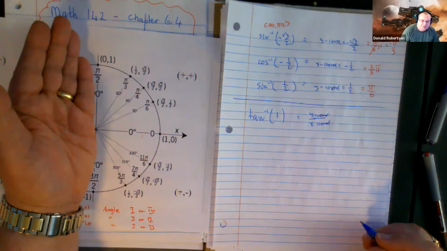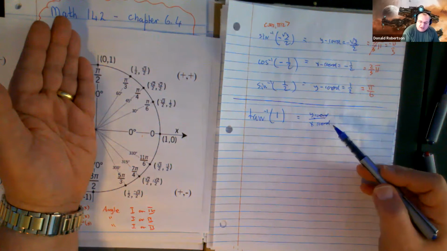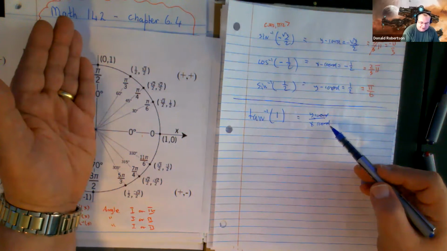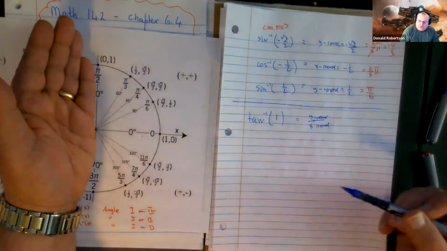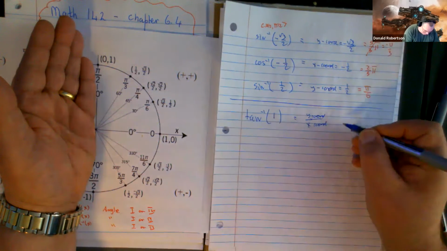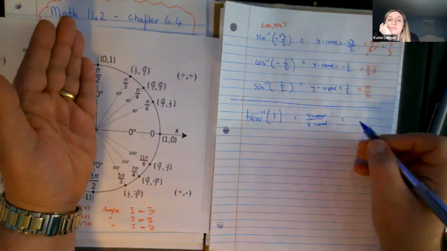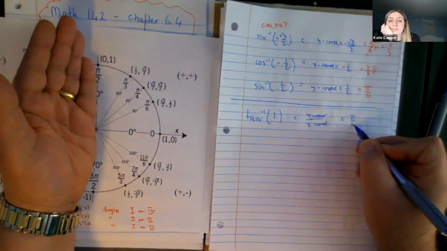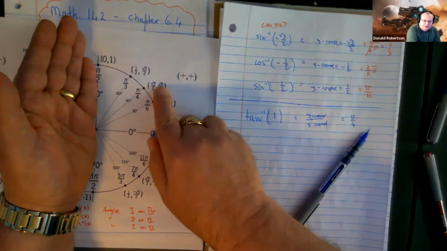So I need to find an angle whose y coordinate divided by its x coordinate is 1. Can you see any angle in either of these two quadrants where that's true? Pi over 4. Agreed? Pi over 4.